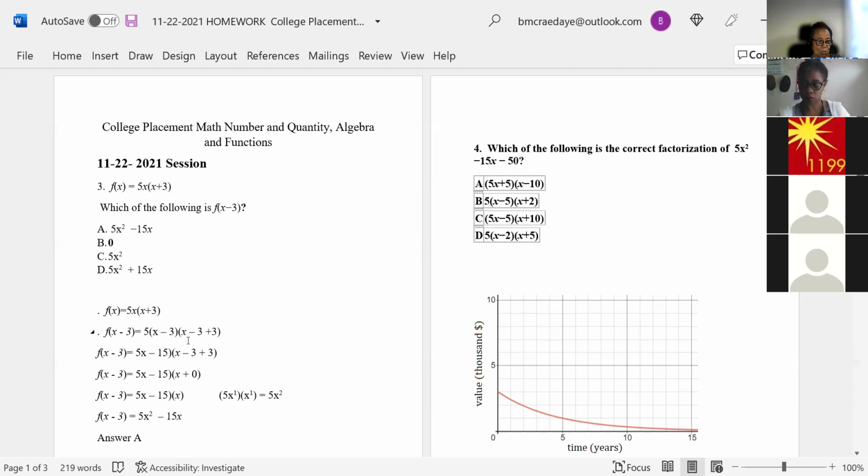And then we do the combining of the terms and our multiplication, the x times the 5x minus 15, that gives you 5x squared minus 15x. Questions?